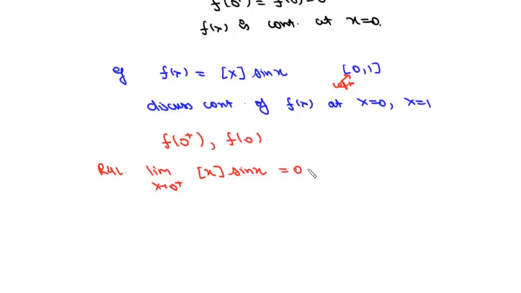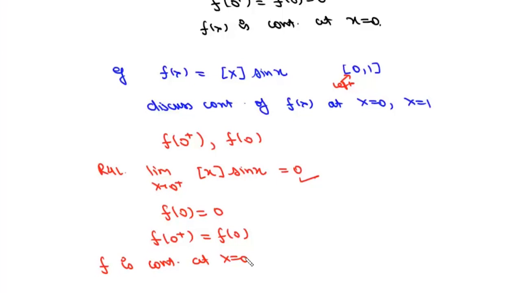And also sine 0 is 0. So the value of this right hand limit is 0. And if we find f(0), the greatest integer function of 0 is 0 and sine 0 is also 0. So in this case, f(0+) is equal to f(0). Therefore, this function f is continuous at x equal to 0.